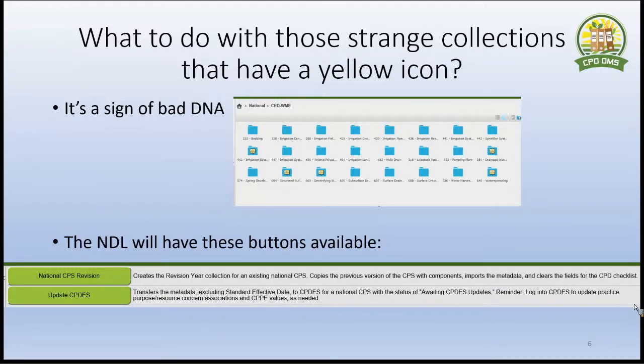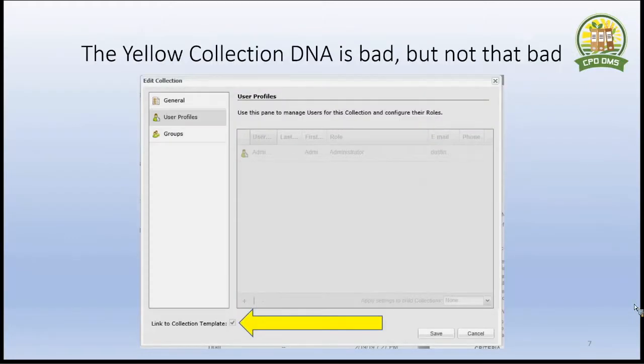And so some of those folders were created with this bad DNA; the indication is that yellow icon within the folder. Now, I said that it's bad, but it's really not that bad. There's ways to overcome it. One of the few things that will change is that when you open up the edit collection for a yellow collection, you'll see that the user profiles window is all grayed out, meaning you can't do anything with it.